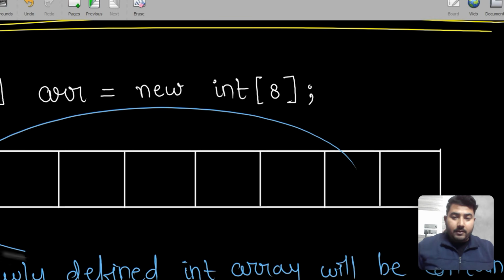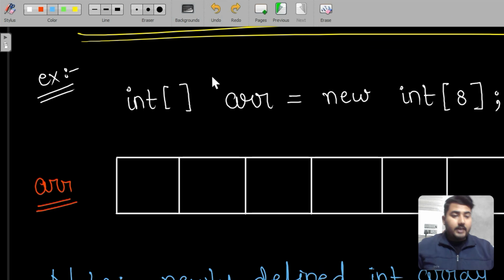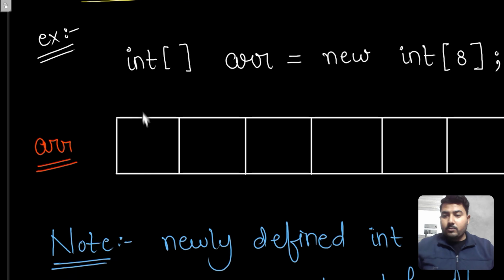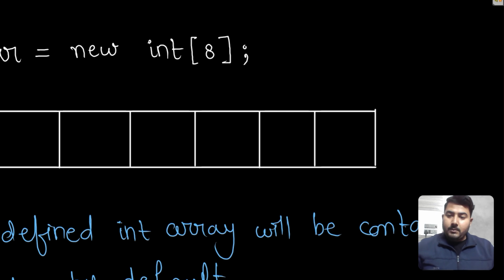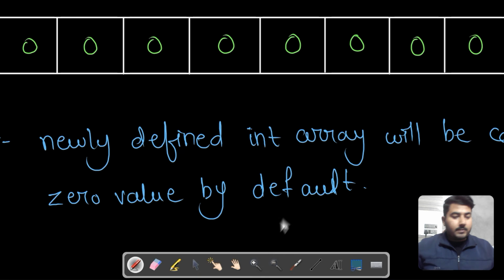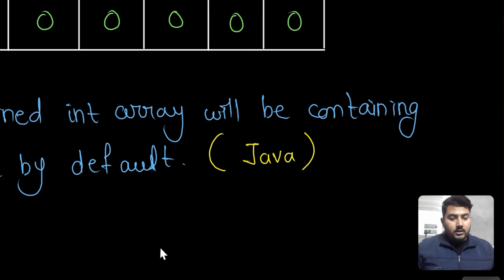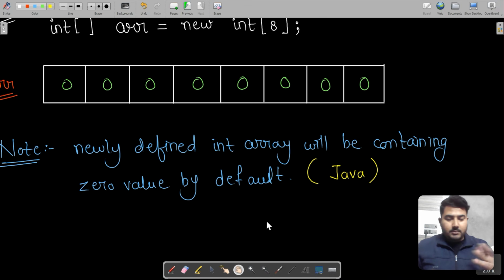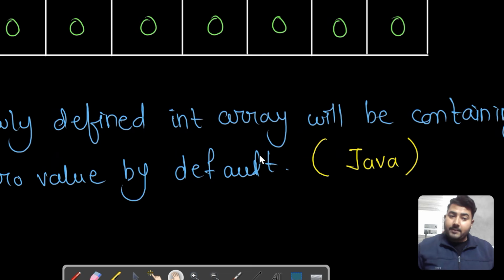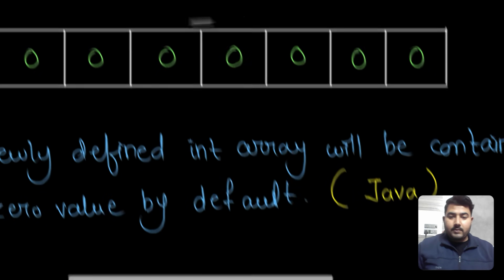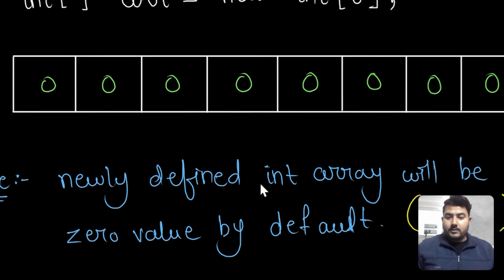That means because I haven't mentioned any number inside these indexes as of now, so right now by default it will be containing the number 0 in all the indexes, in all the places. And that is true for Java language only. That means if you go to other languages, there are other rules to get the default values. Like in C++, there are garbage values. In Java, there is zero value, which is going to be there by default. So by this line, we have created this array. Done.